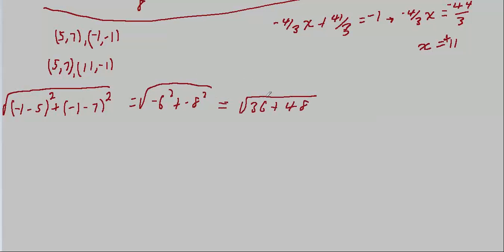Because 8 squared is 64, you dope. Jeepers. Oh, gee whiz. I can look at this and tell you right off the bat it's going to be 10, but I can't square 8 and get it right. 36 and 64 is 100, and the square root of 100 is 10.